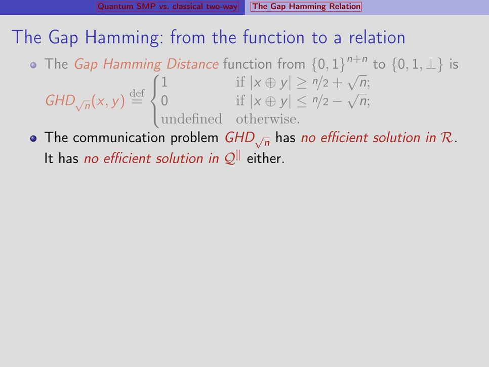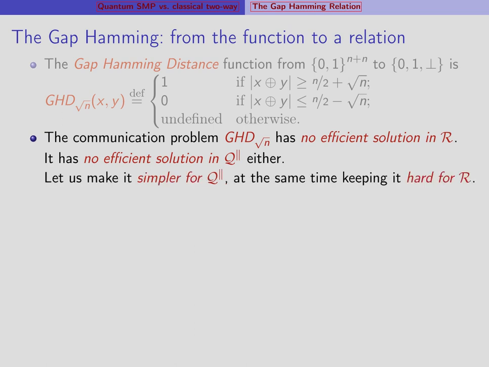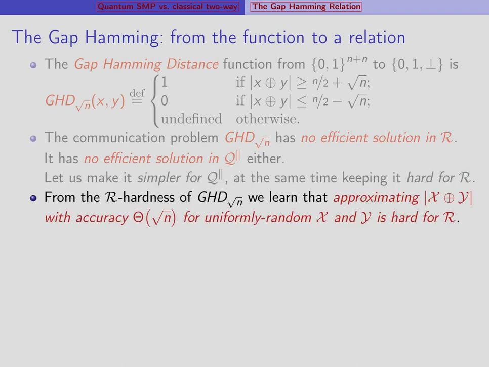The resulting communication complexity problem is known to have no efficient solution in the classical two-way model. It's easy to see that it also has no efficient solution in the quantum SMP model. So let's try to make this problem simpler for quantum SMP while still preserving its hardness for R. If we manage to do that, we would get what we need for our separation.